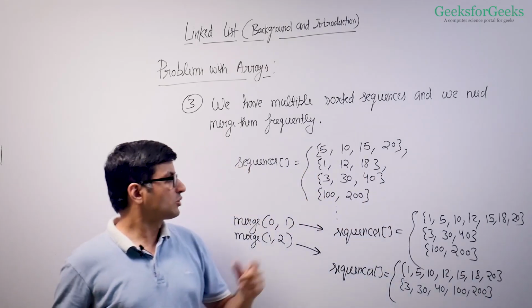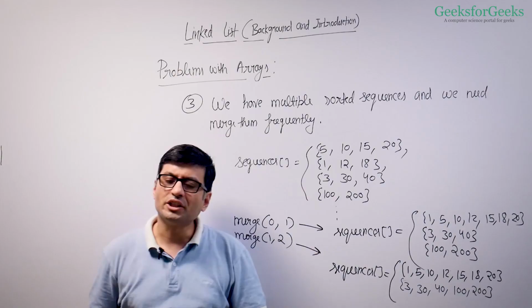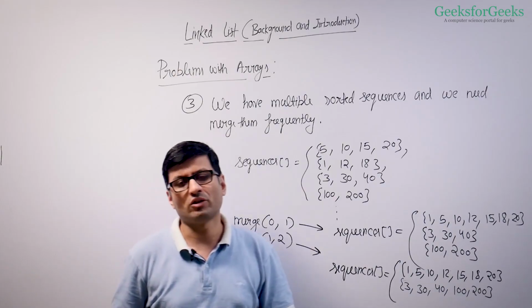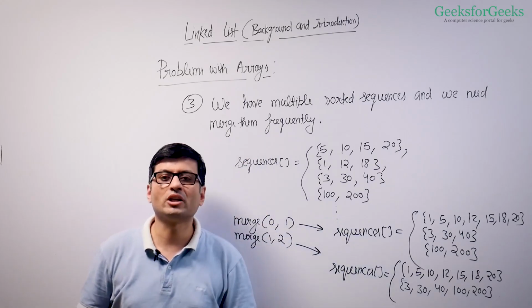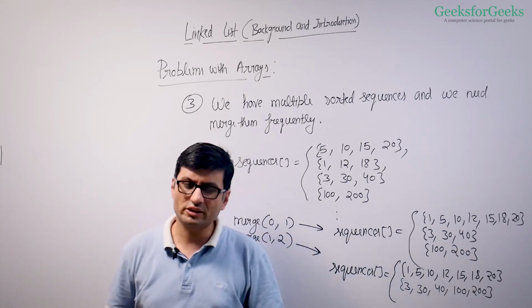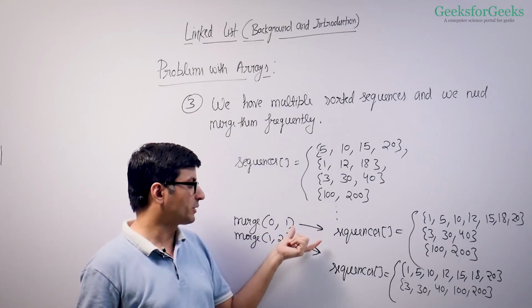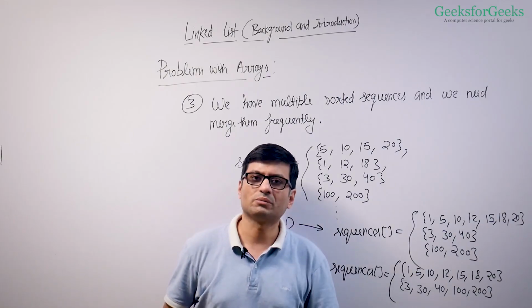So if you store these sequences as an array, for merging you will always need an auxiliary array, right? And merging would be a costly operation in terms of space. But if you store these sequences using a linked list, then you can do these merge operations in the same time, but you would not need extra space.